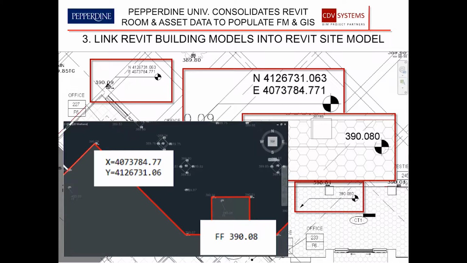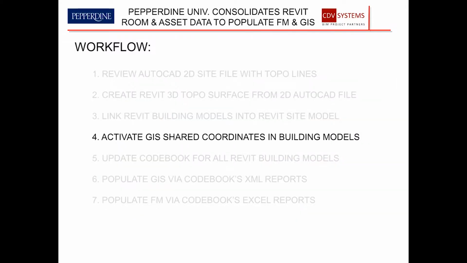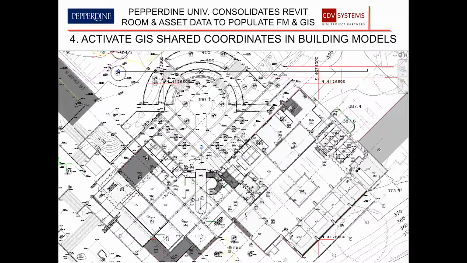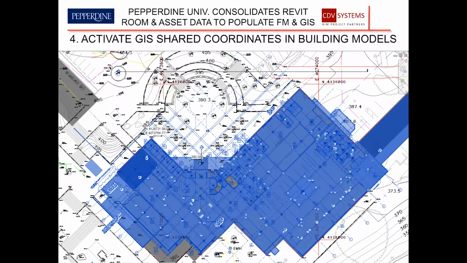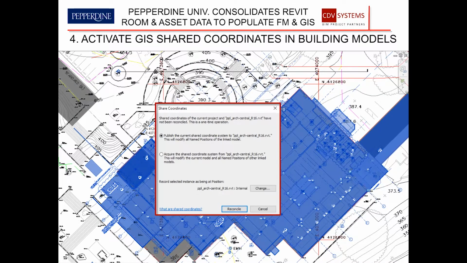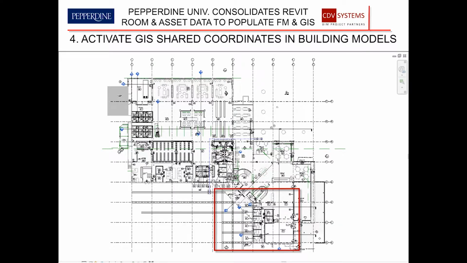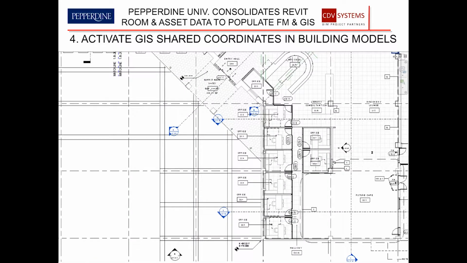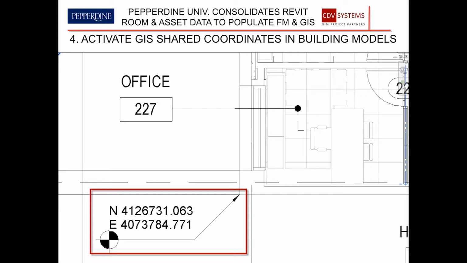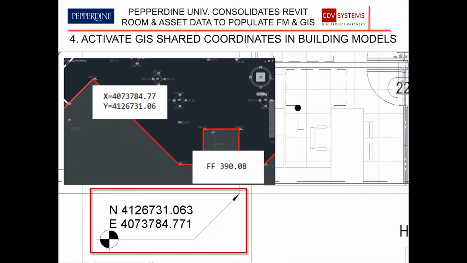Again, GIS positioning. Now we go to the AutoCAD, the Revit model. We activate its position, its shared coordinates. We publish those coordinates back to the model itself, so that if we go into that model and look more closely at the lower left corner right there, that model with the previous position now understands its corner position being that spot, and that same corner is the same corner coming from GIS.